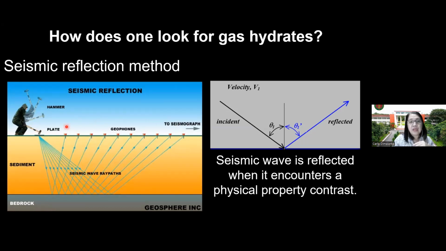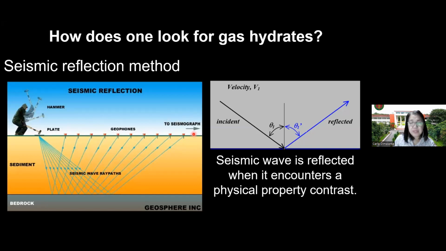And you have to have a series of recorders or receivers, which we call geophones. And what these geophones do is that they are the ones that sense or detect the arrivals of seismic waves. Okay? And the arrivals of the seismic waves are recorded in a seismograph.